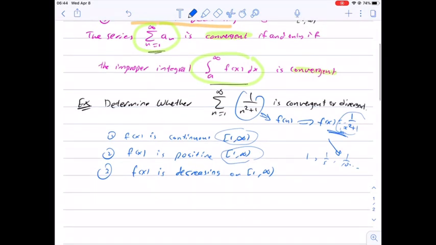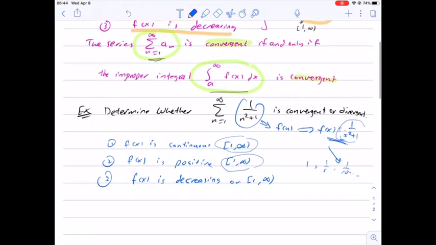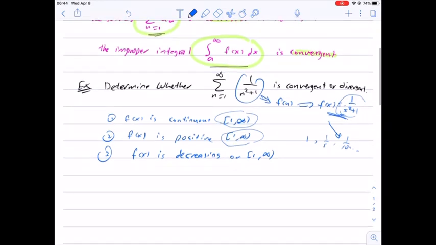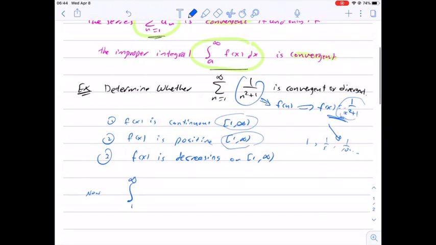Now we need to apply the integral test, I mean to find the improper integral. The improper integral from 1 to infinity of f of x is 1 over x squared plus 1 dx. It's improper because of the infinity here.